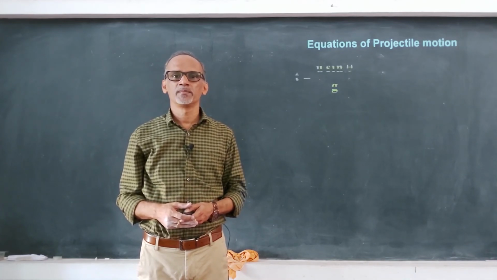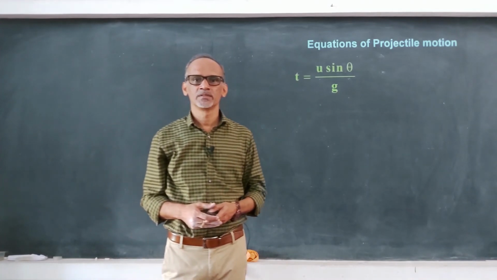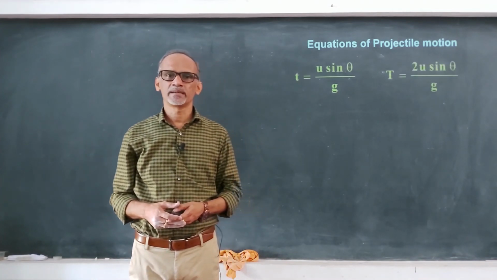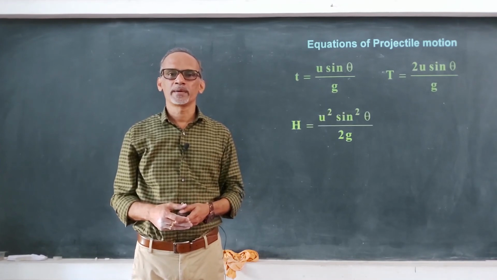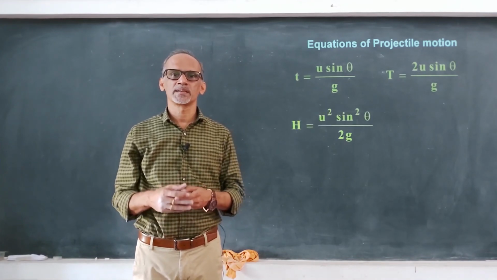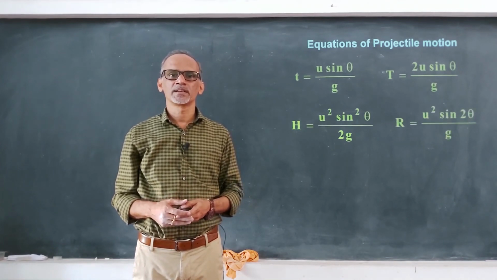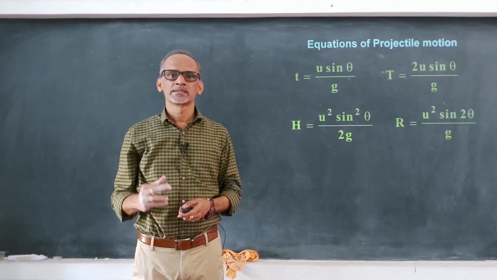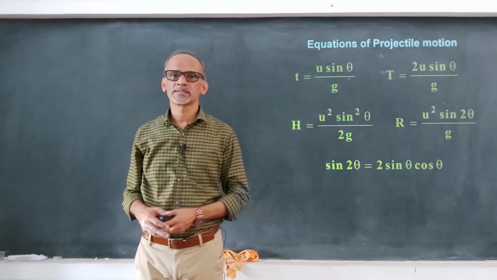The next important formula was for time of ascent, t = u sin theta by g, and then the time of flight is double that, which is 2u sin theta by g. After that, for maximum height, H = u square sin square theta by 2g, and then the important one, the range, which is R = u square sin 2 theta by g. That sin 2 theta you can even write as 2 sin theta cos theta.